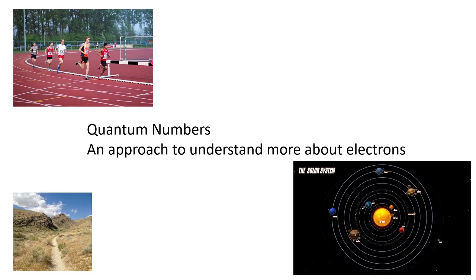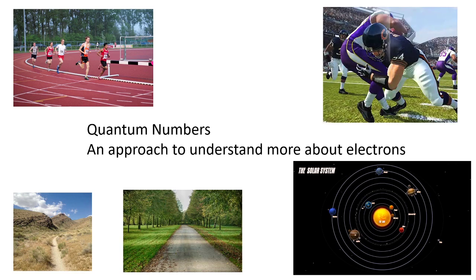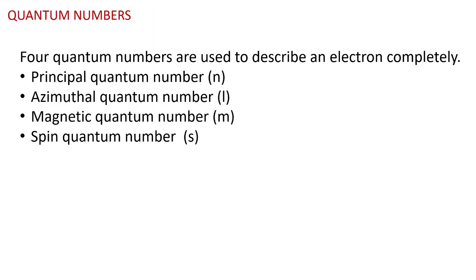And if at all there is a path, is the path narrow or is it broad? And if by chance electrons are moving in the path, can there be some kind of collision? In this particular video, we will try to answer all these questions and try to know more about electrons.